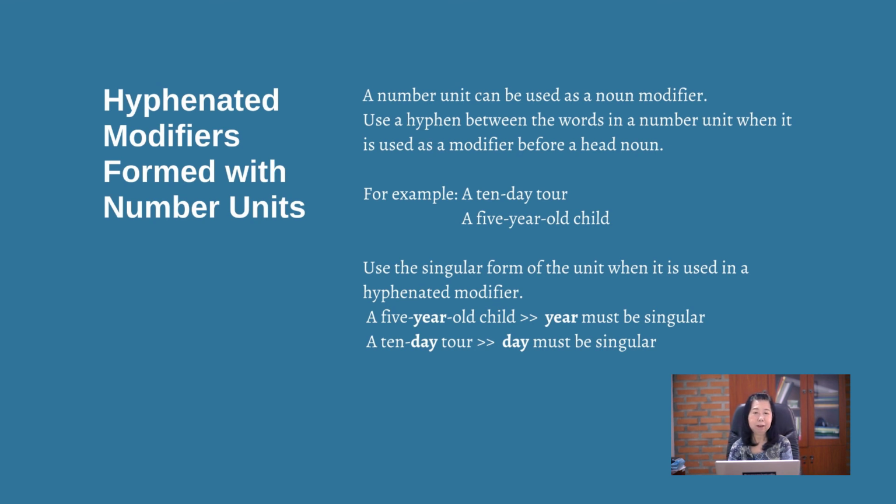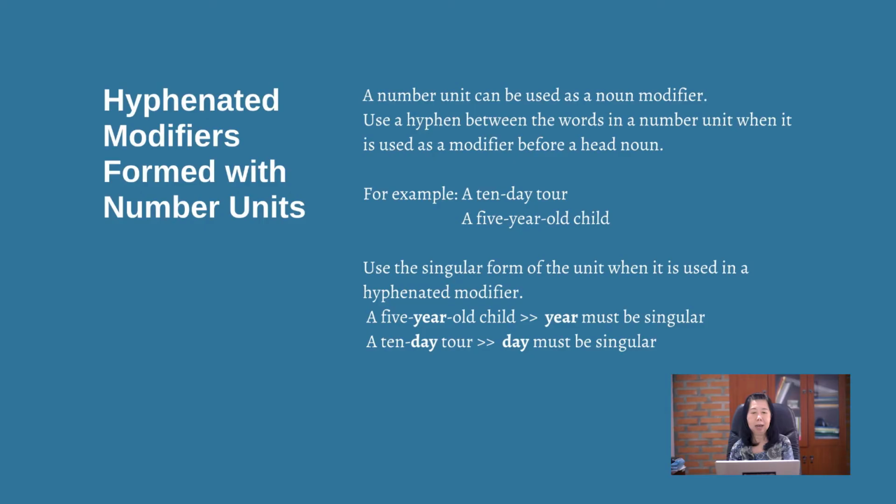We have to use a hyphen between the words in a number unit when it is used as a modifier before a head noun. For example, a 10-day tour, a 5-year-old child. So you see here, there is a hyphen between 10 and day, and between 5 and year and old.